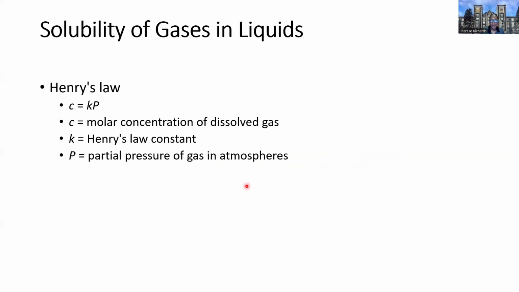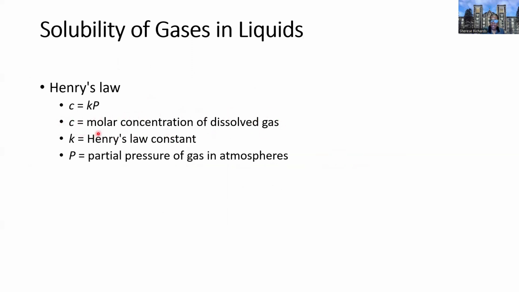So let us think about Henry's law here. Henry's law tells us the molar concentration, right? How much of that gas is actually dissolved. And that is what helps us determine the solubility.